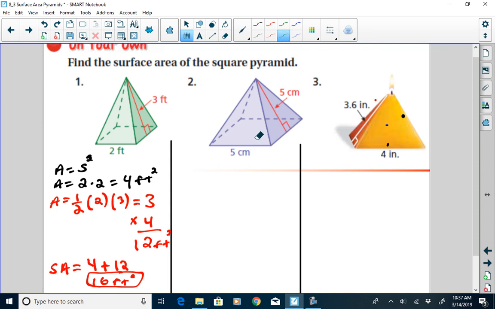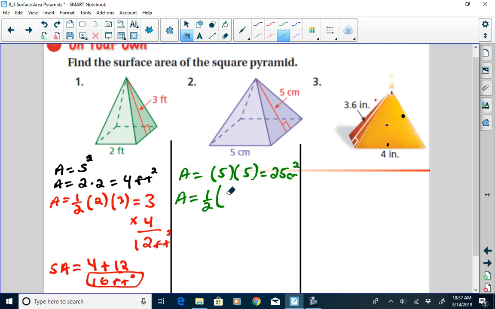Let's start with the area of the square base. So the area of the square base is going to be equal to 5 times 5, which is 25 square centimeters. But then we have 4 triangular sides. So the area of one of those triangles is going to be 1/2 the base times the height.